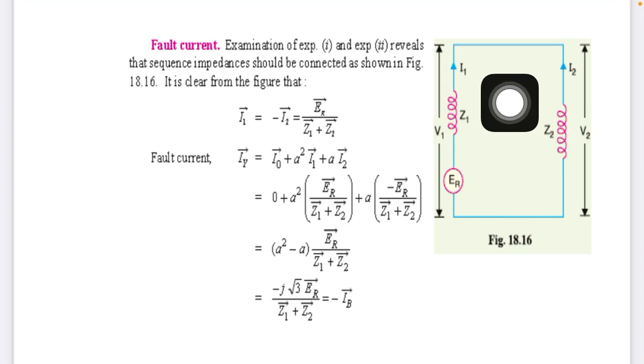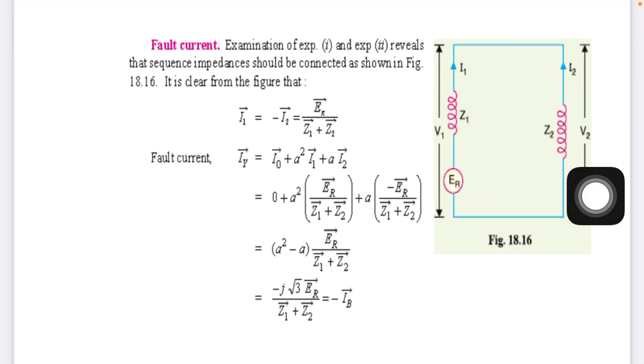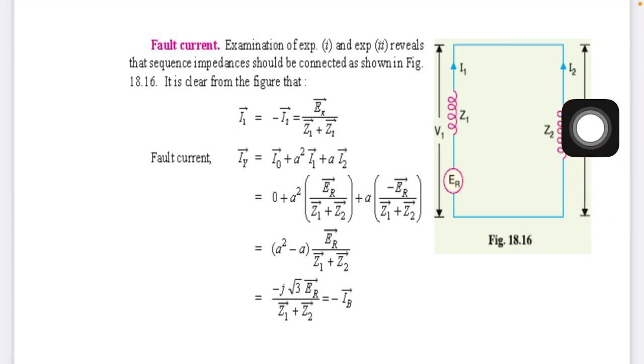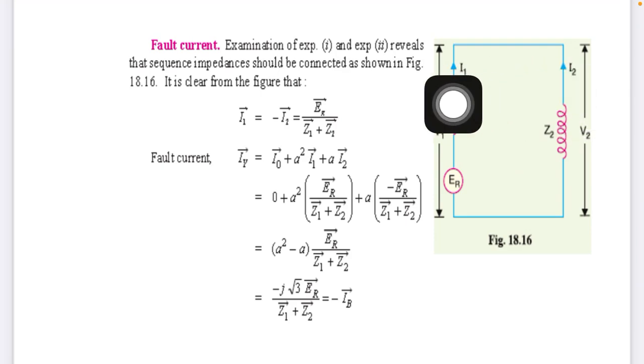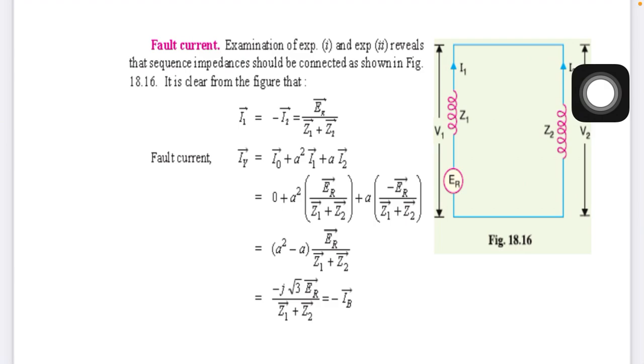Similarly Z2 has voltage V2 and current I2, which is exactly opposite to I1, because I1 plus I2 is equal to 0. I1 may be positive and I2 negative, so the sum will be 0.